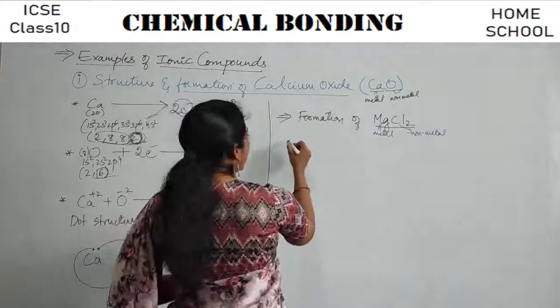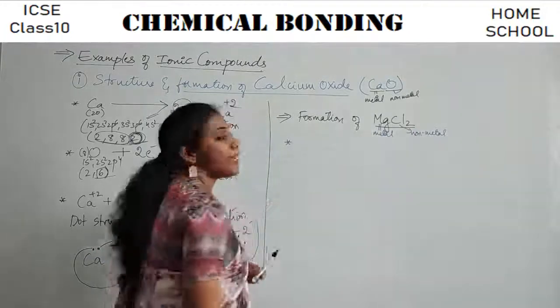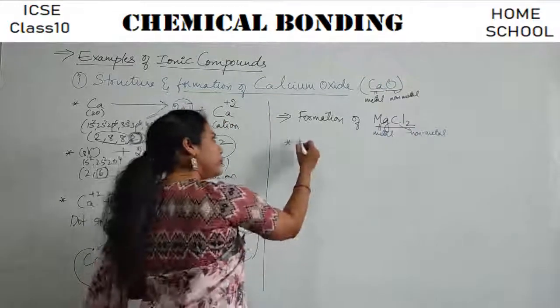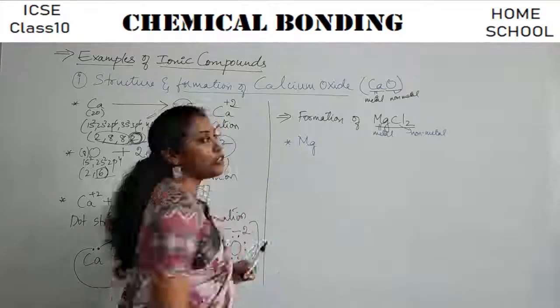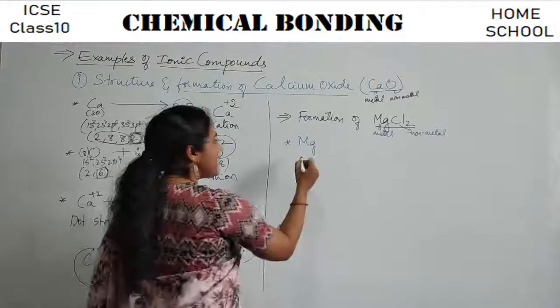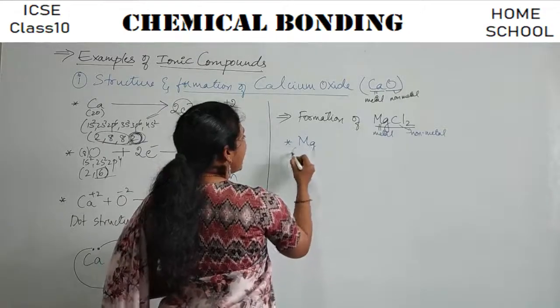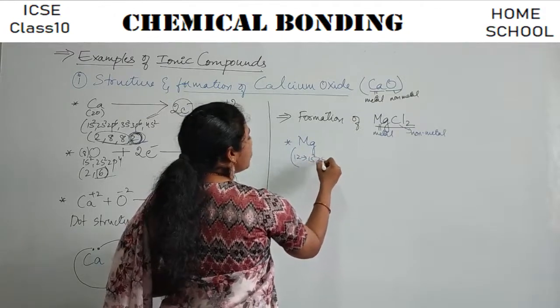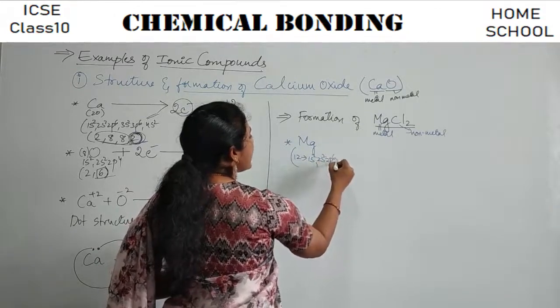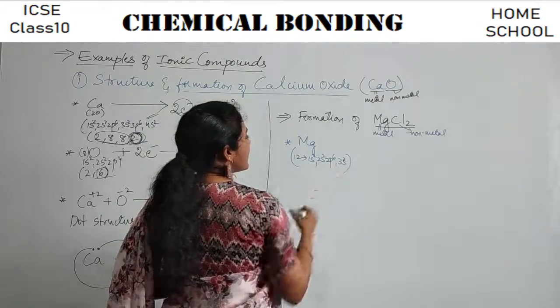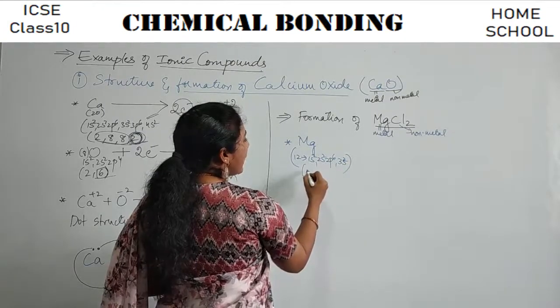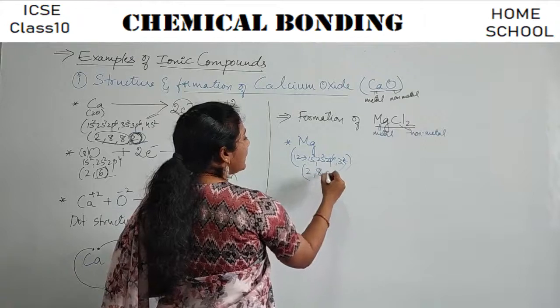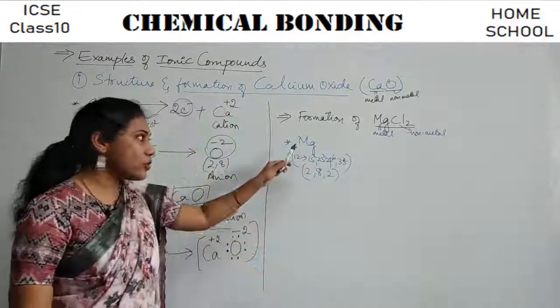So let us check it out. How many electrons is this Mg losing? How do you know that? By writing its electronic configuration. So what is its electronic configuration? Atomic number 12, guys. So 1s2, 2s2, 2p6, 3s2, isn't it? So in a simple way, if I have to write, 2, 8, 2, it's not stable.